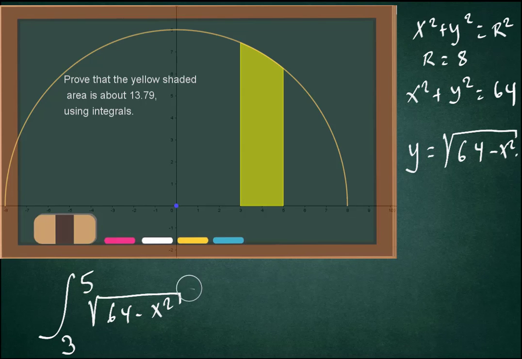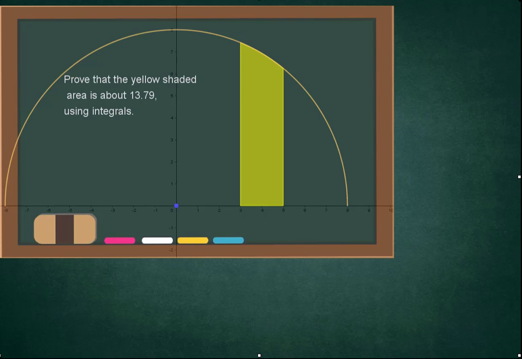So the integral between 3 and 5 of the square root of 64 minus x squared dx is the one we are going to try to calculate here. Okay, so we are going to go ahead and try to do the calculation.